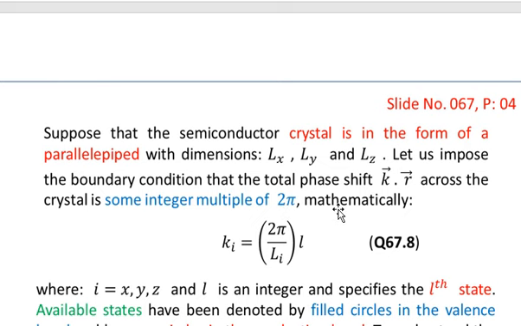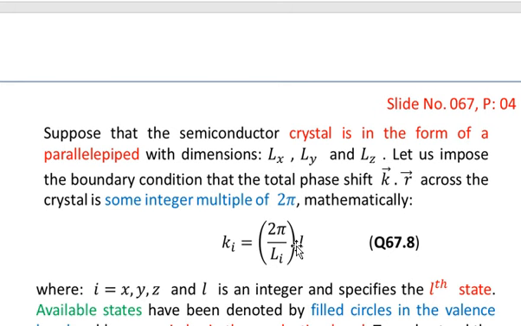So mathematically we can write ki is equal to 2 pi over Li times l, where this small l is an integer. Moving Li to the left hand side, we have ki times Li, and on the right hand side we shall have 2 pi times l.